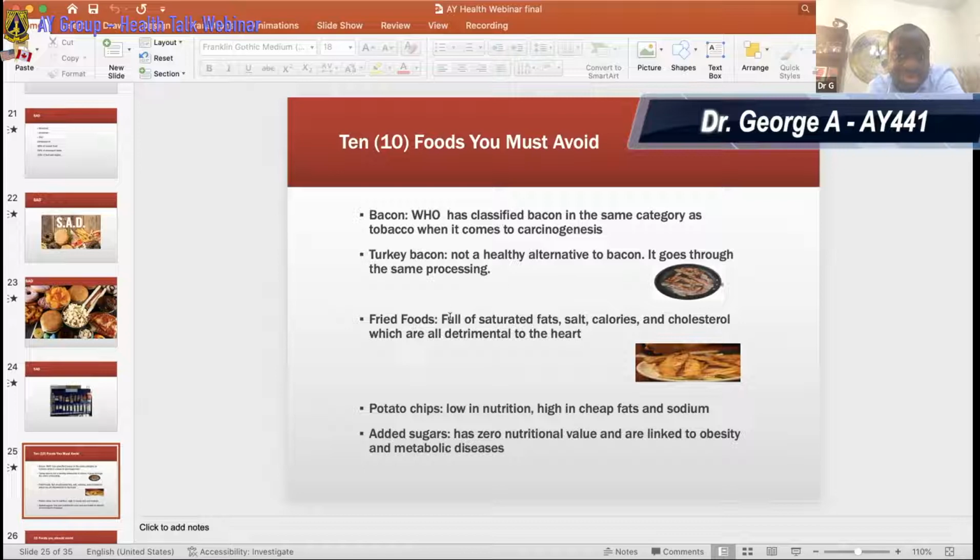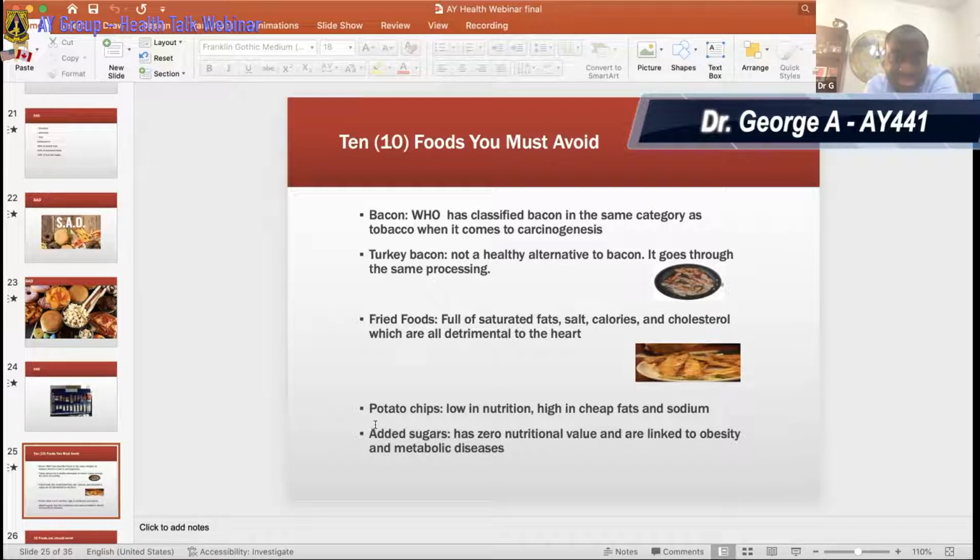Which is high in saturated fats, and they are full of salt, high calories, and cholesterol. So any form of fried food can put you in trouble. But luckily for us these days we have the air fryer. So if you're craving fried food, you can choose the air fryer and do it in the house.